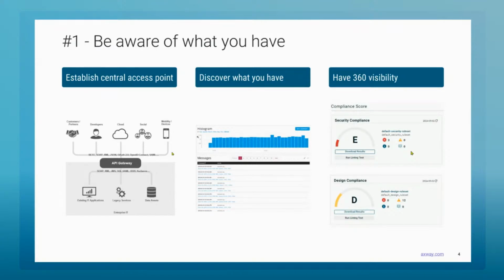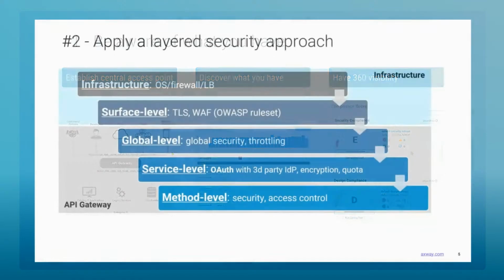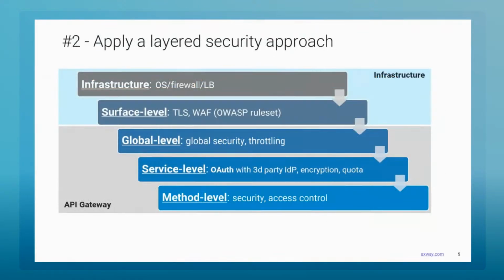So an API program manager or architect can have a quick look at the quality of the APIs delivered by your different teams and have overall control to stop not very well designed APIs. Okay, so moving to point number two, and that would be apply a layered security approach.